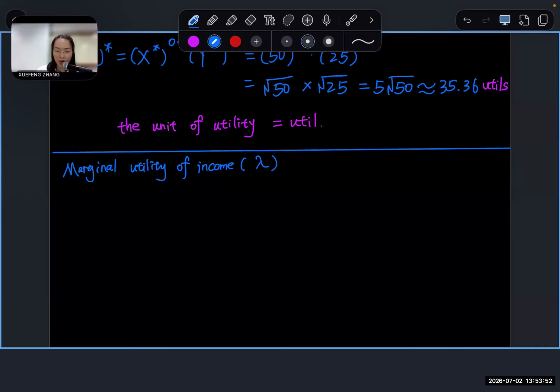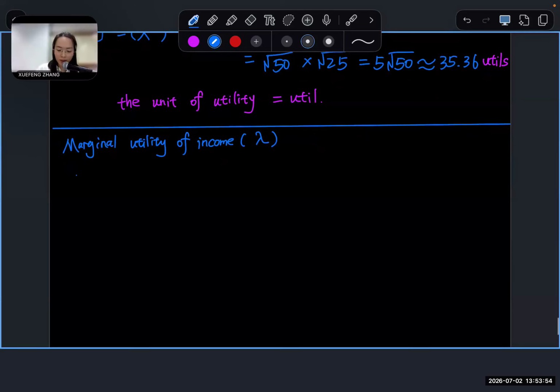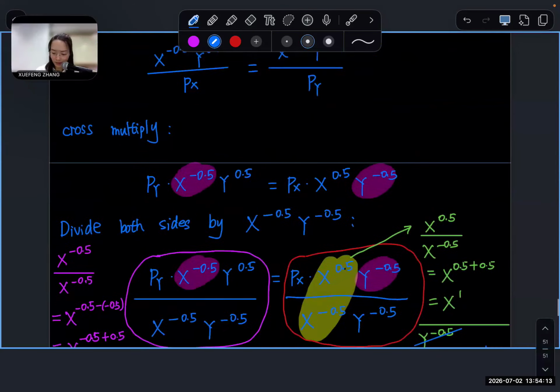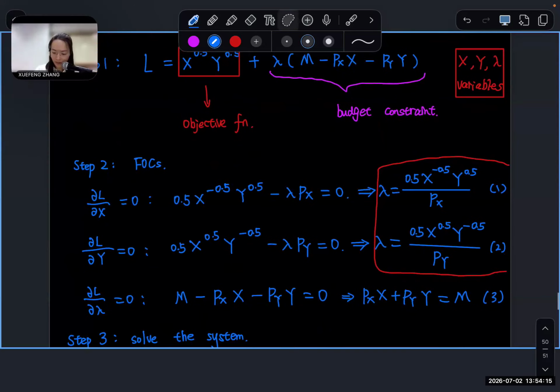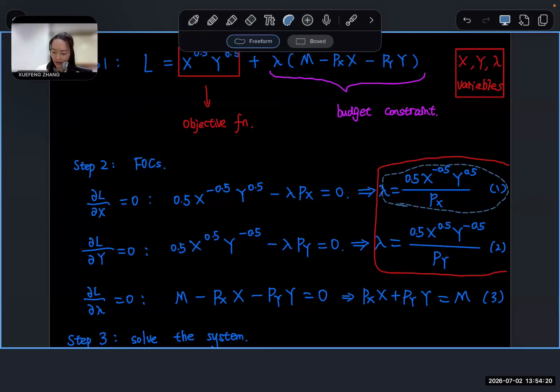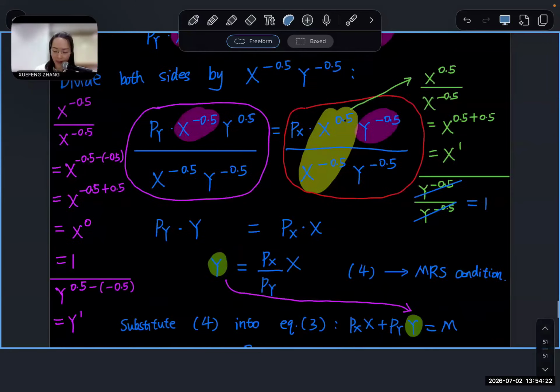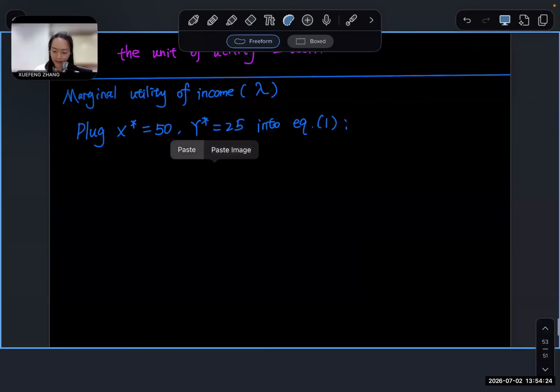Lambda is the marginal utility of income. So we plug x star equals 50, y star equals 25 into equation 1. What is equation 1? Here is equation 1, I can copy it and paste here.